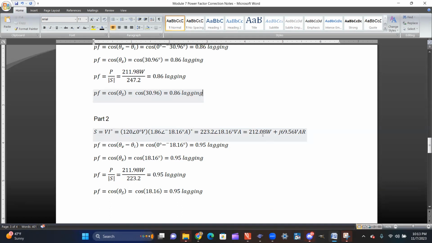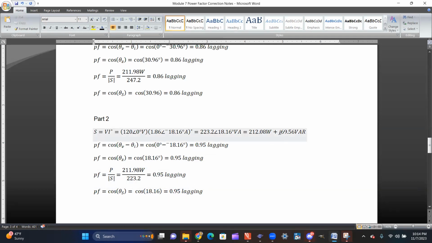Represented in rectangular form, we get 212.08 watts plus 69.56 VARs. We perform the same method as before to find the power factor, and as you can see, the power factor went from 0.86 to 0.95 lagging.